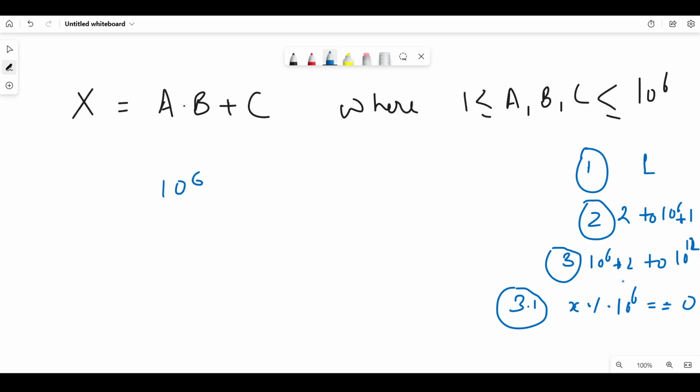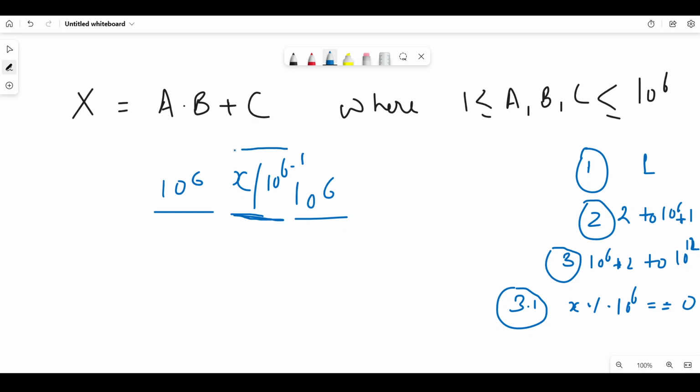It is x greater than 10 to the power 6 plus 1. So let's say a is 10 to the power 6. Yes, it can be, as the value of x is greater than 10 to the power 6. And let us assume that c is also 10 to the power 6. Now I'm only left with calculating the value of b, and that will be, as x is a multiple of 10 to the power 6, x divided by 10 to the power 6 minus 1.